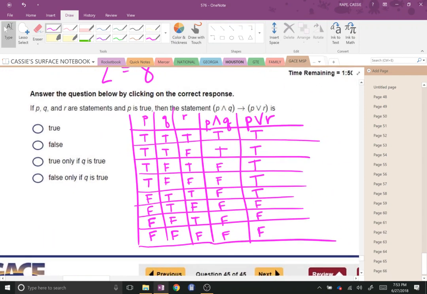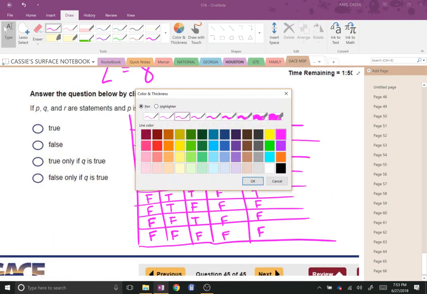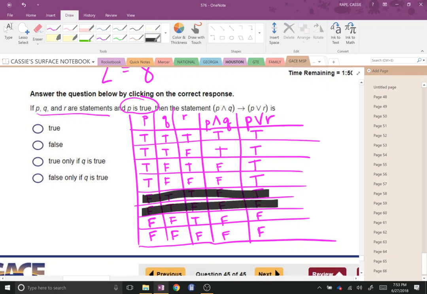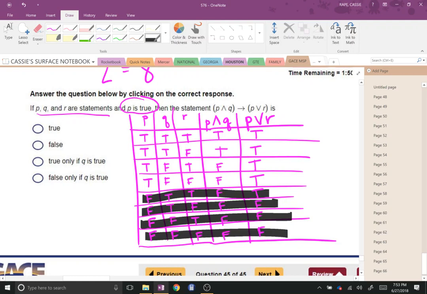Lastly, it gave me one other little qualifier right at the beginning that I forgot to mention. It said P, Q, and R are statements, and in the entire sample space for true or false, it tells me P is definitely true.